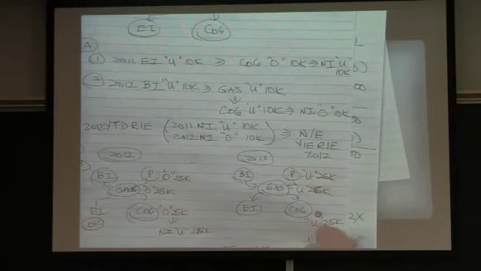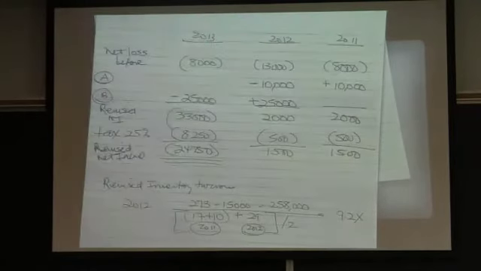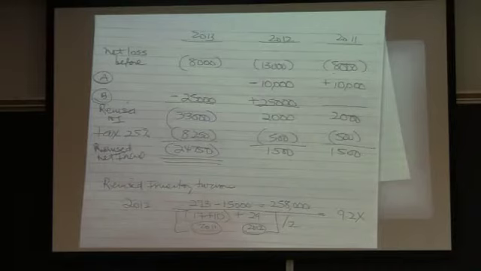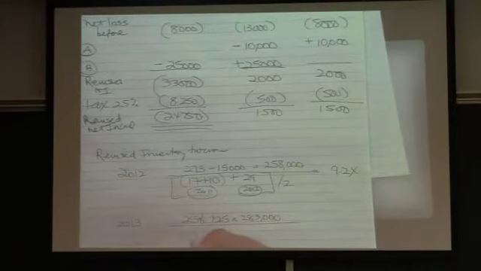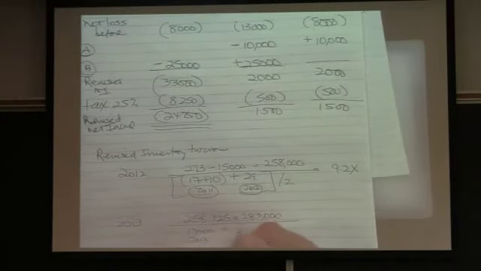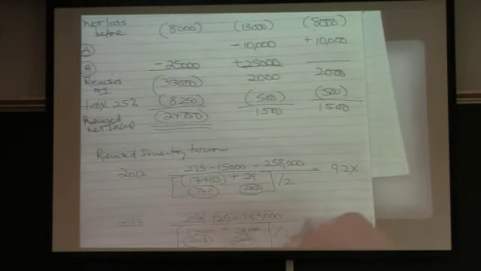Cost of goods sold was understated, so we need to add 25 to that cost of goods sold to give us 283. Divided by, now the ending inventory is 2013. That did not change. And that one is 17,000 plus 2012. That did not change either. Divided by 2 to give us 12.3 times.